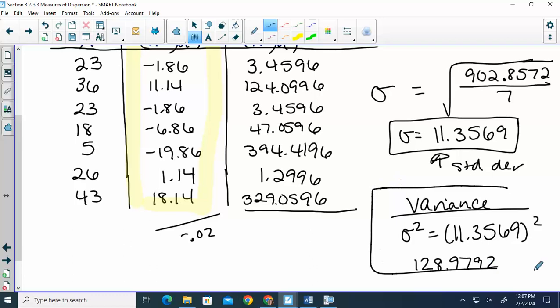And again, all you really need to know right now is the bigger the number, the less consistent our data, the more spread out it is. Any questions there?